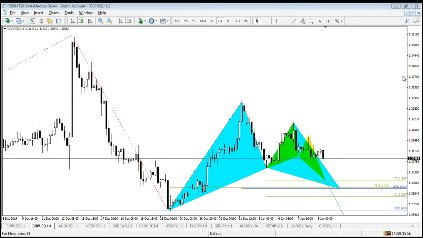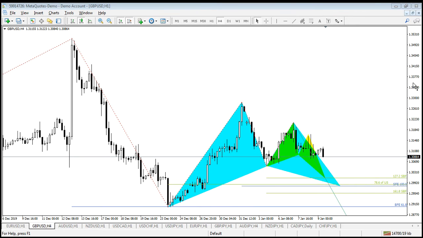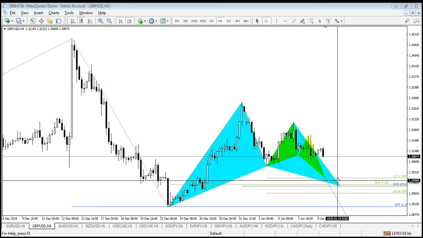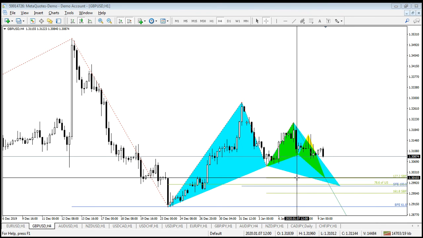Otherwise, it can be measured in a classical style as per the BC, and it can be 127.2% of BC, which most often takes the shape of a butterfly, just like you can see this inner butterfly inside the CD line. So even if we consider the inner butterfly, then the next target will be this area, 1.30, and this is the nearest target of GBP USD.